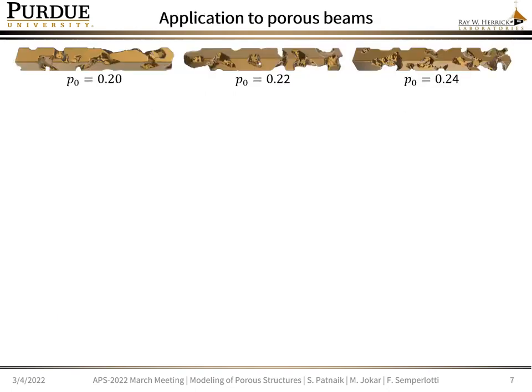Now we use the variable order continuum model to simulate the response of three different porous beams with increasing order of overall porosity. In order to apply the model, it is critical that we first find the variable order which characterizes the different beams.